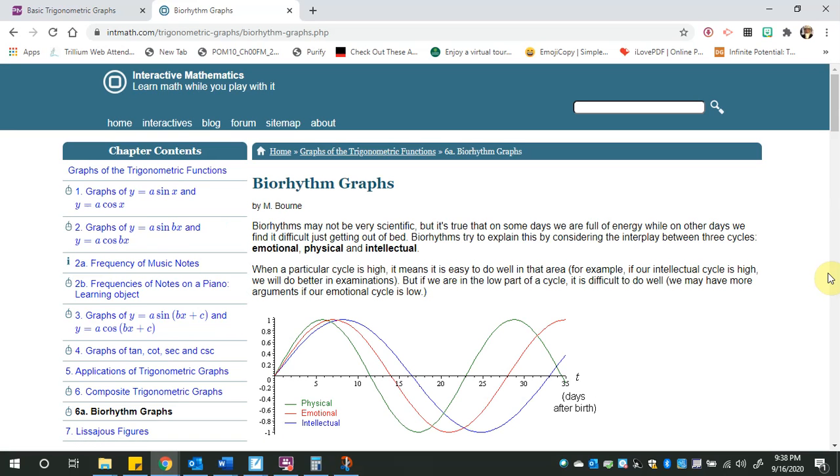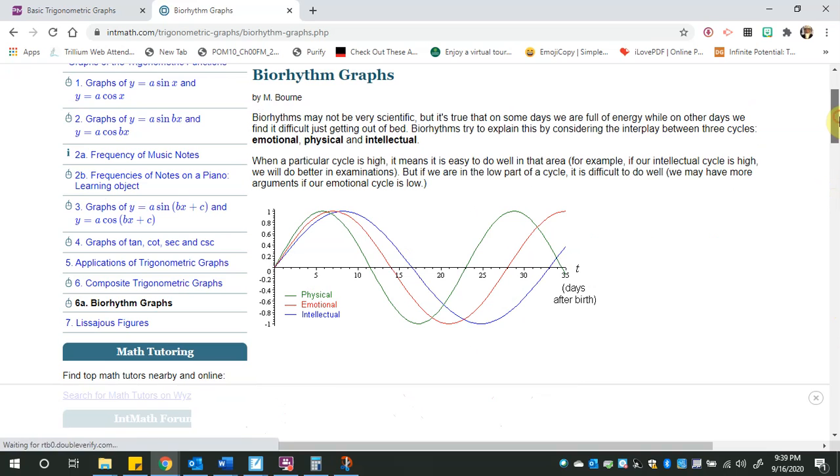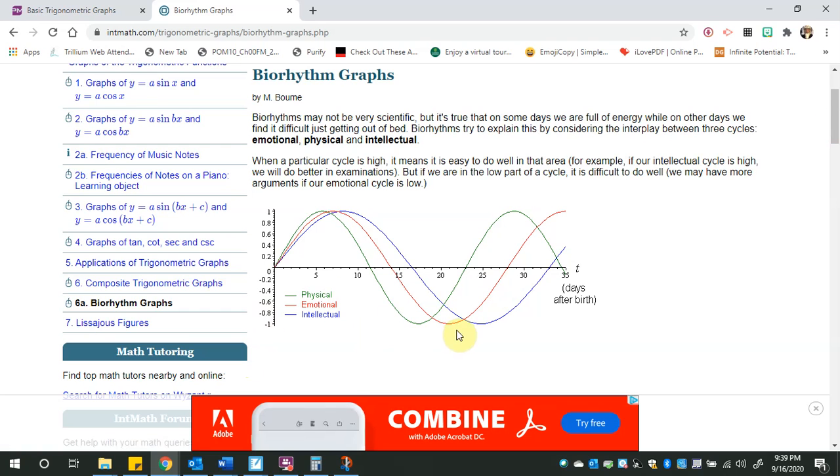Believe this or not, but this is a cool little thing that has no mathematical value whatsoever. And this is sort of like horoscopes, only a little bit more sciencey, but not a heck of a lot. And that is, apparently, you have 3 cycles in your life. You have an emotional cycle, a physical cycle, and an intellectual cycle, and they all start on the day that you were born, which is day 0.